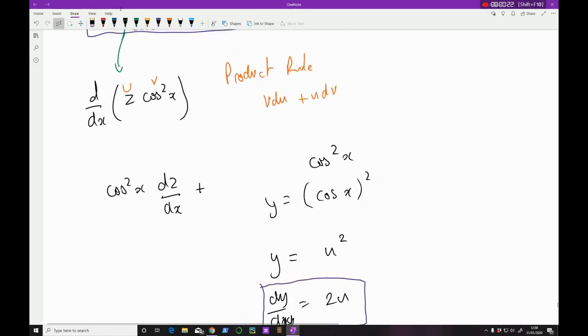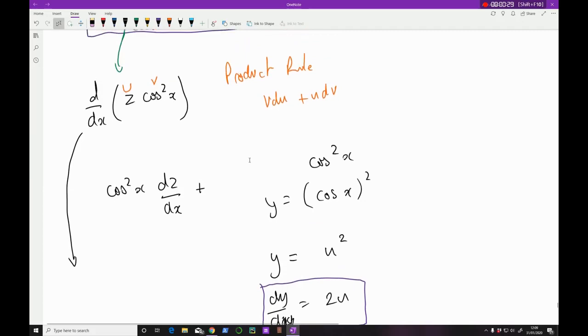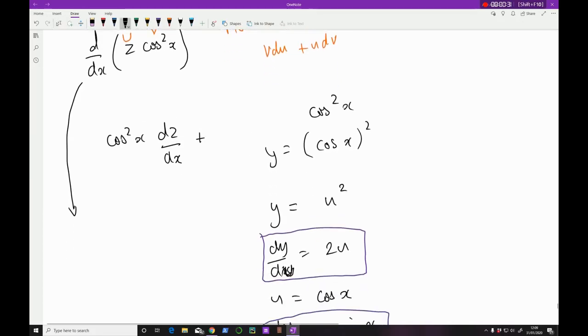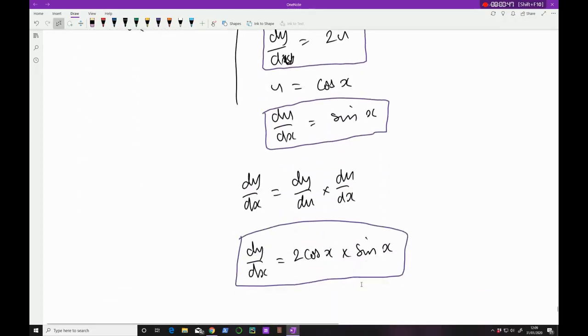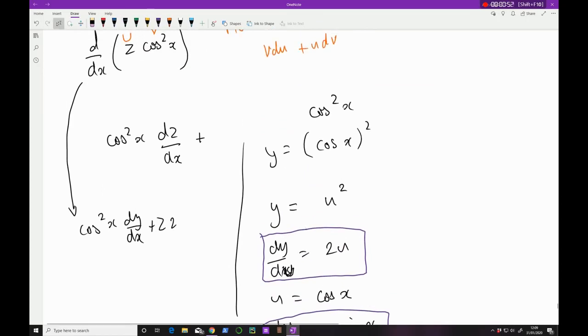So v du is going to be cos squared x times dy by dx, and u dv is going to be z times dv, which is 2 cos x sine x.